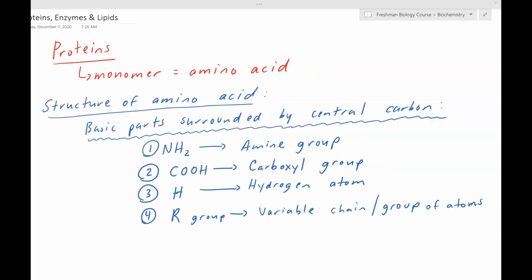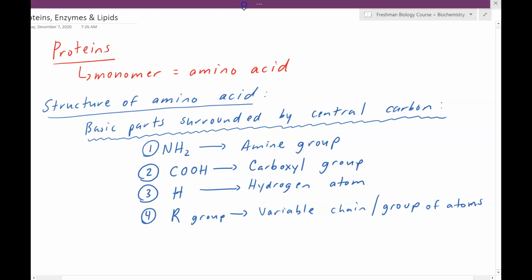The last two are a simple hydrogen atom, which will be all by itself at the top of an amino acid, and then at the bottom of an amino acid, we're going to have what we call an R group, which is a variable chain or group of atoms, meaning that it could be any different group of atoms.